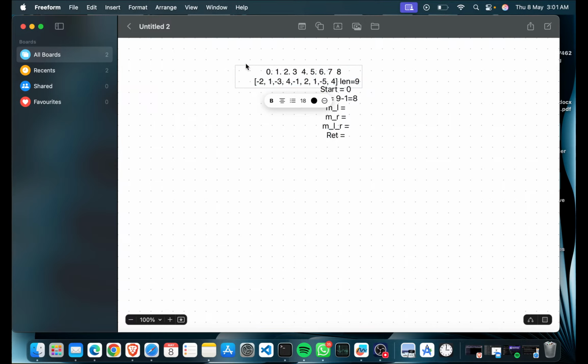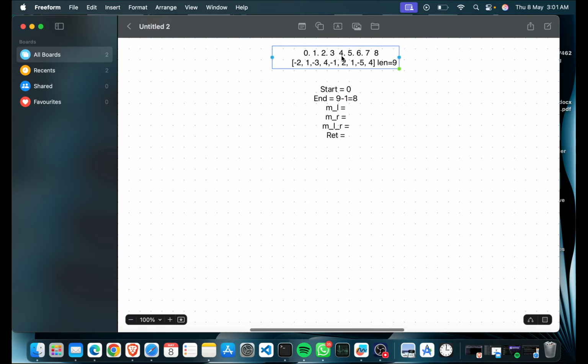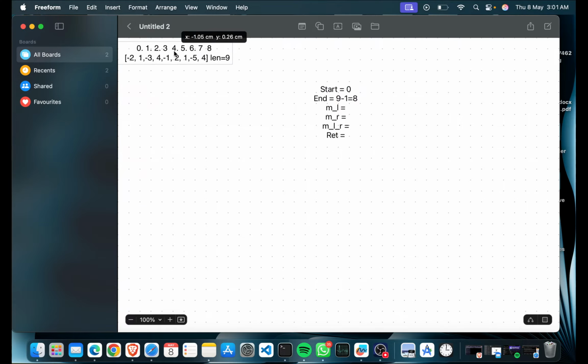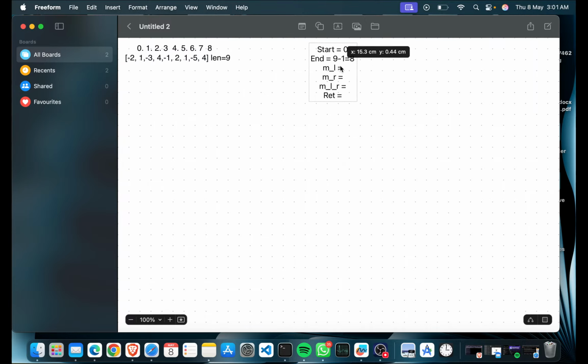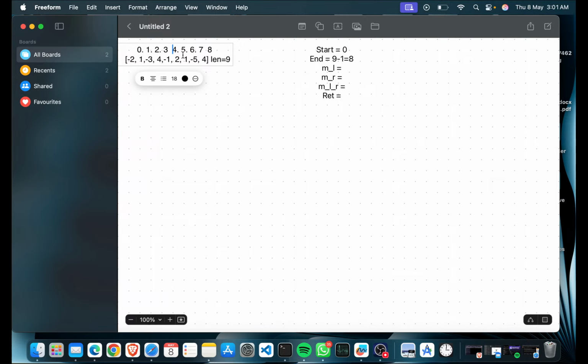I should put it on the side. Now I have to find the max left. I'm in this place, and it is shifted a little bit. Now it looks good.